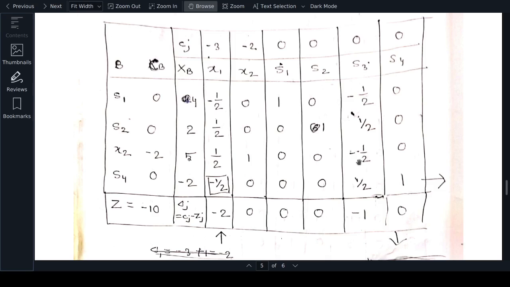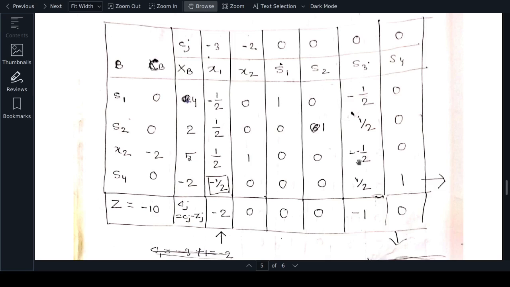Then how to find the key column? In the key row, the only negative value is -1 by 2. You find the ratio of -2 by -1 by 2, which is 1. So this is our incoming vector, x1. S4 will be out and replaced by x1.